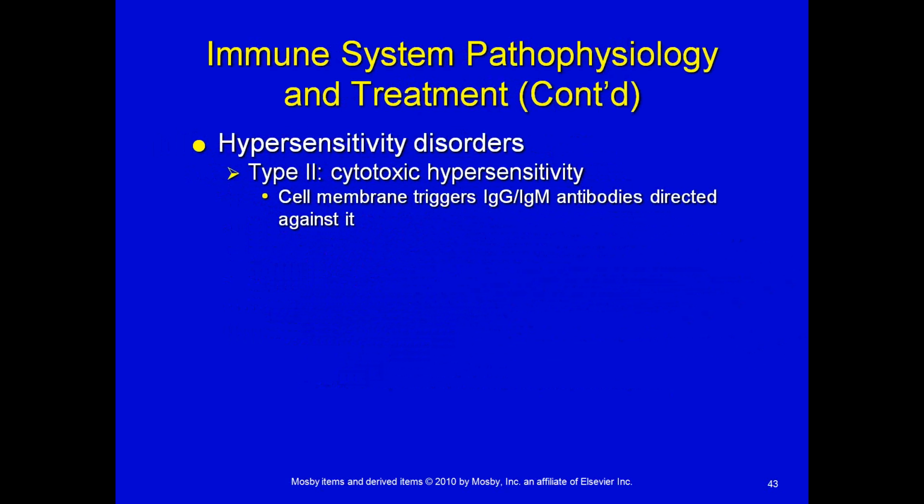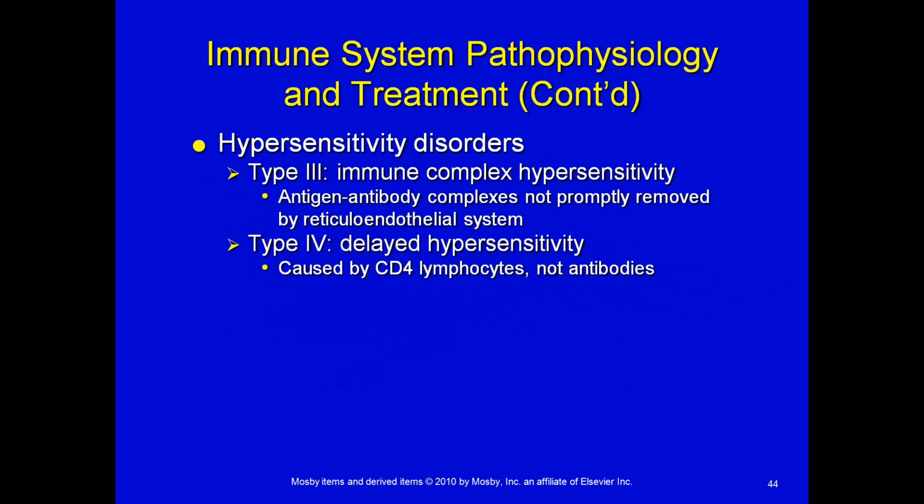Type 2 hypersensitivity disorders include cytotoxic hypersensitivity, and this is where the cell membrane triggers IgM and IgG antibodies to work against itself. Type 3 is an immune complex hypersensitivity.